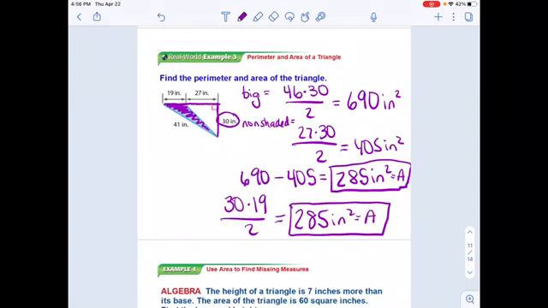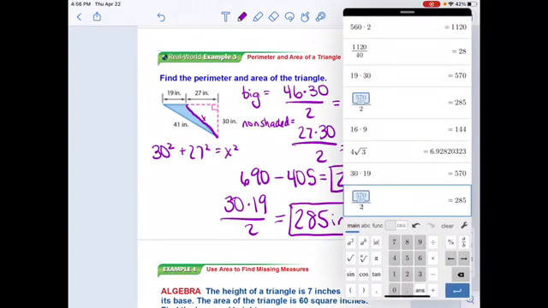All right, and then we also need to find the perimeter. Now the thing is, we don't have enough information to find the perimeter of this shaded triangle. We have to find this distance, which happens to be the hypotenuse of the non-shaded triangle. So I'm going to do 30 squared plus 27 squared equals x squared.